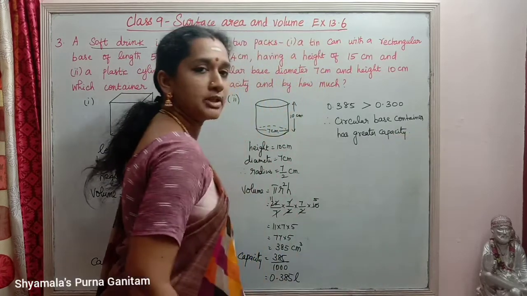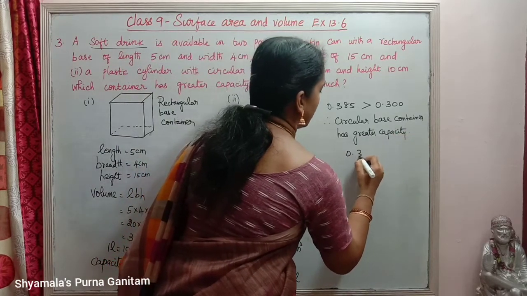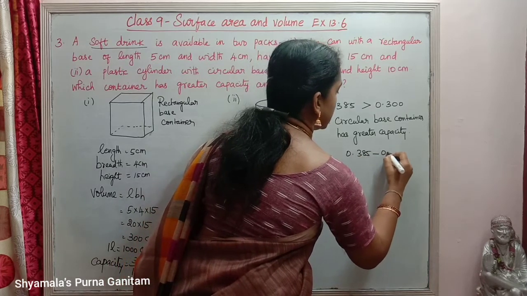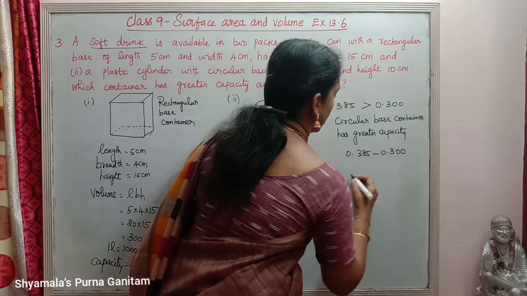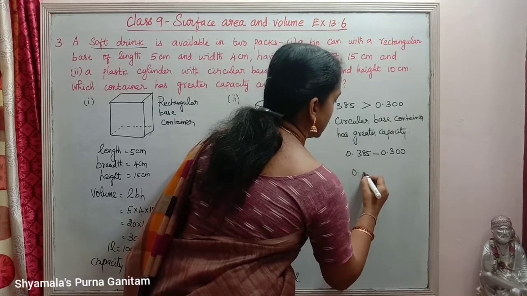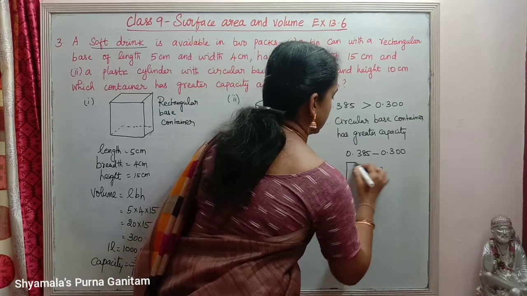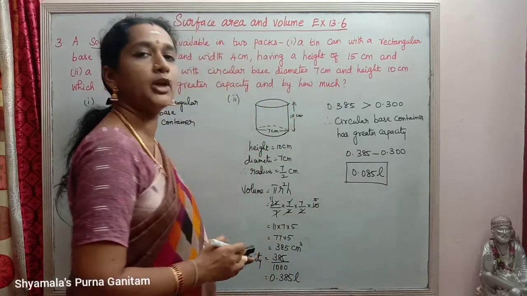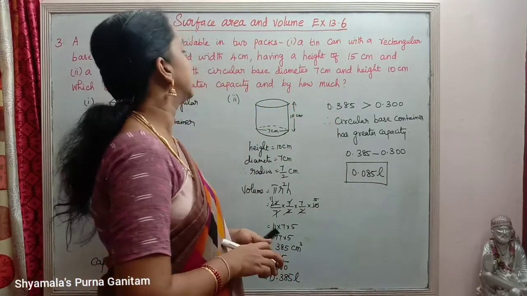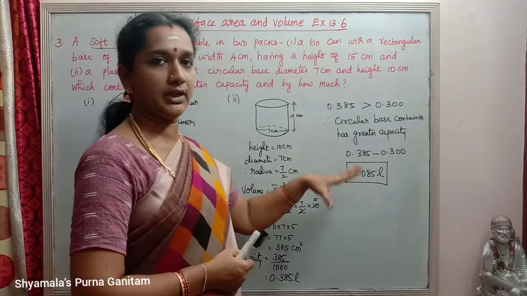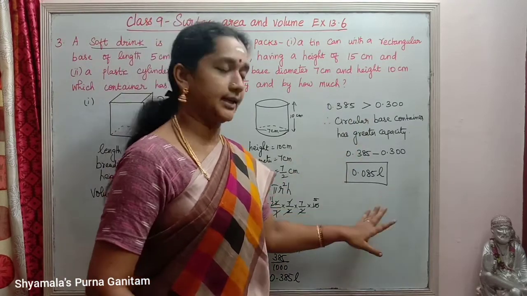So we have to subtract: 0.385 minus 0.300. So the answer is 0.085 liters. 0.085 liters is the difference between both the containers.